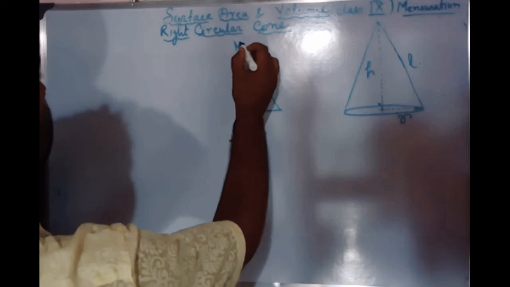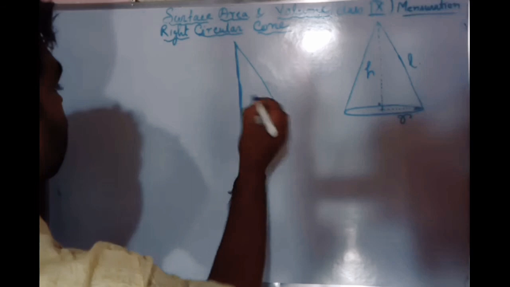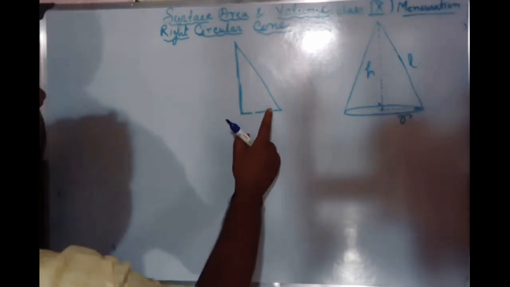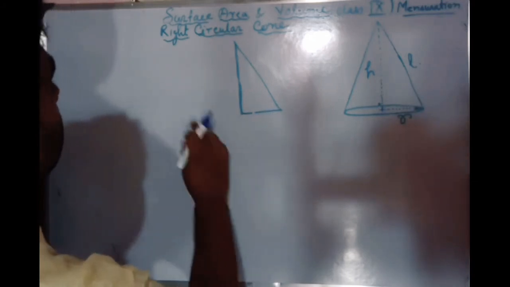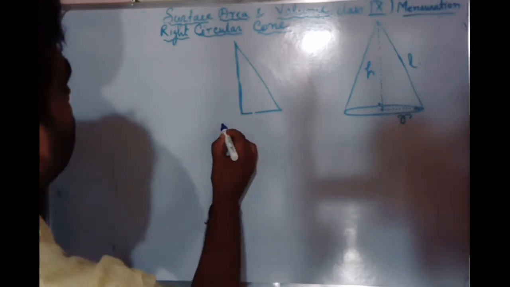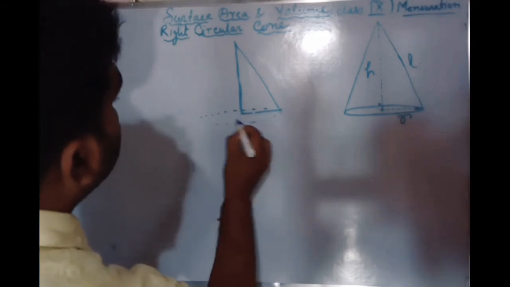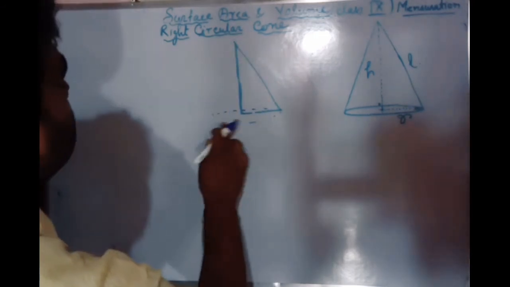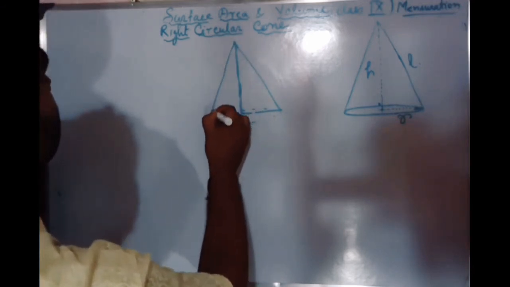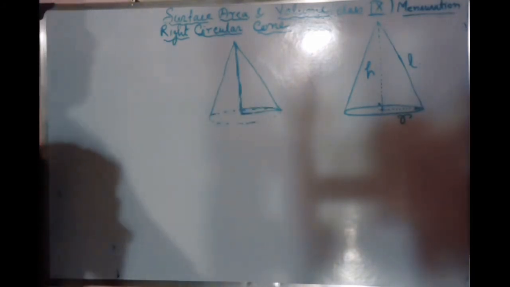Now if we fix this perpendicular and take it as the axis, we can move this triangle along with it. The figure so formed is called a right circular cone.